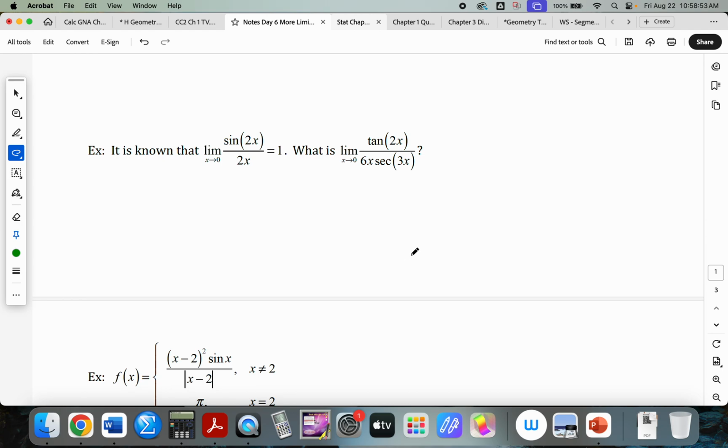What just happened? Well, okay, so let's deal with this by making everything into sines and cosines as much as possible and then seeing what we can do with it.